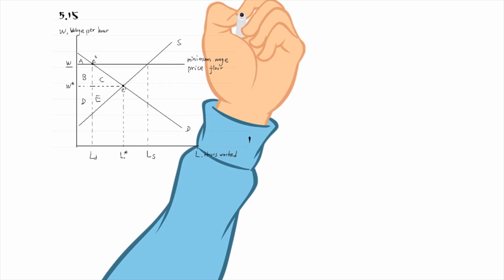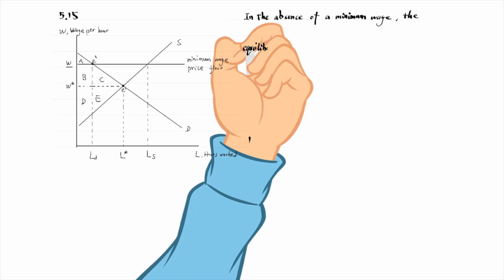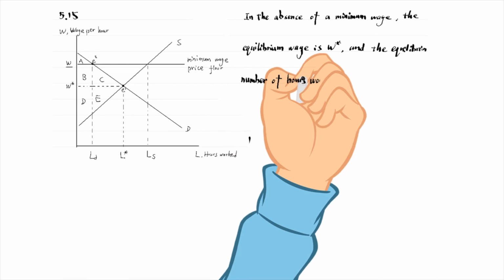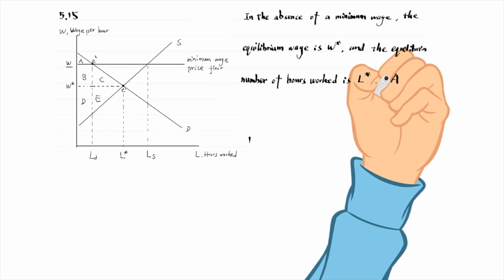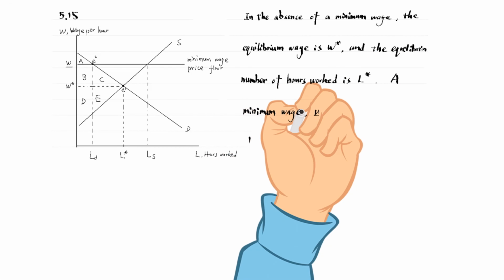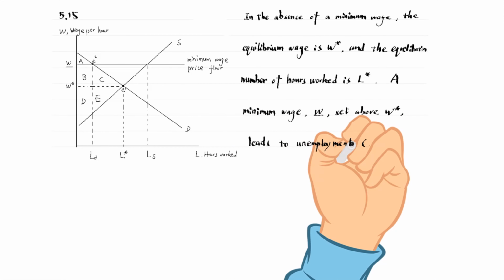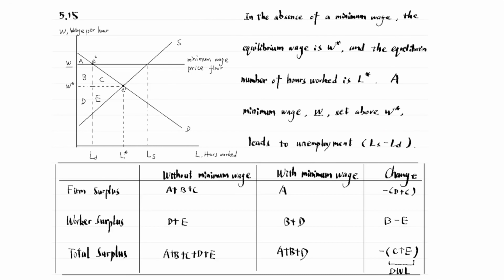In the absence of a minimum wage, the labor market equilibrium is E, where the equilibrium wage is W star and the equilibrium number of hours worked is L star. A minimum wage W underscore set above W star leads to unemployment, LS minus LD.